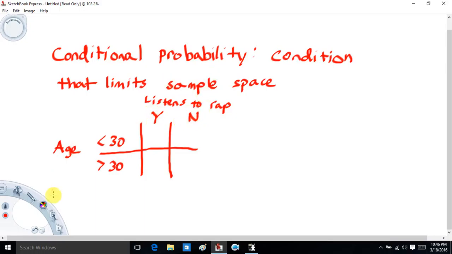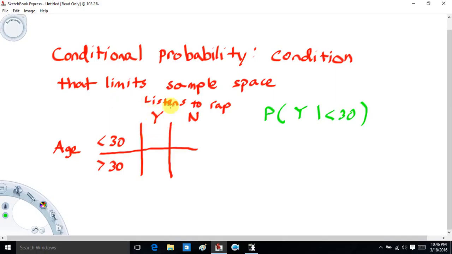Okay. So again, we're trying to find the probability that given a person is under the age of 30 that they do listen to rap. Okay? So how are we going to do that?